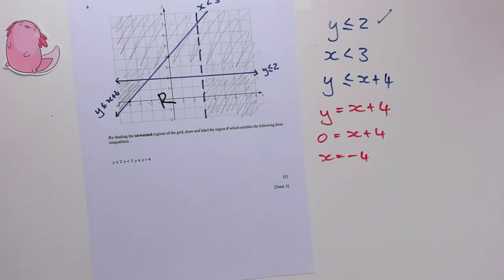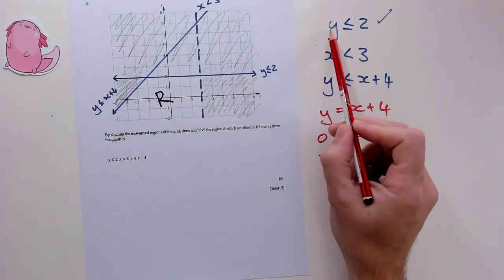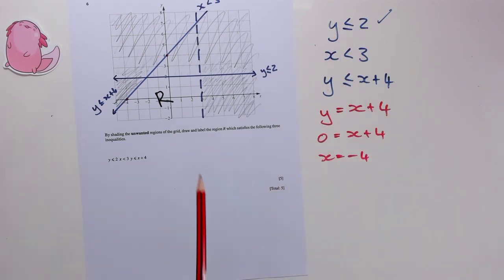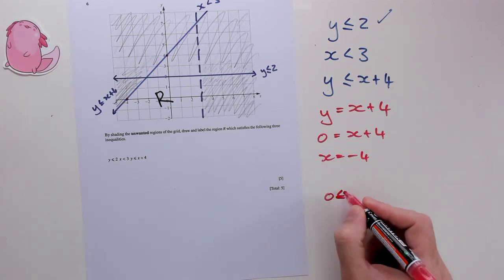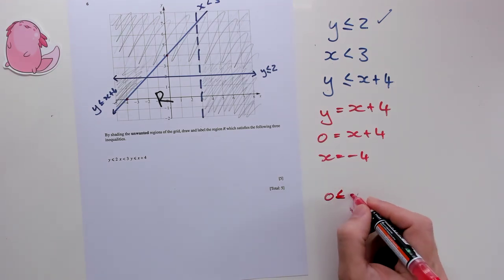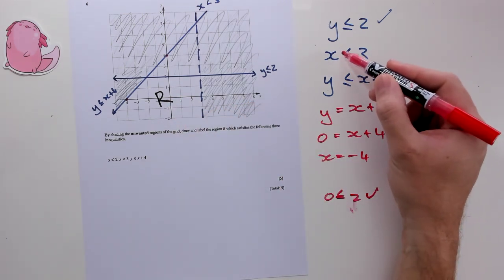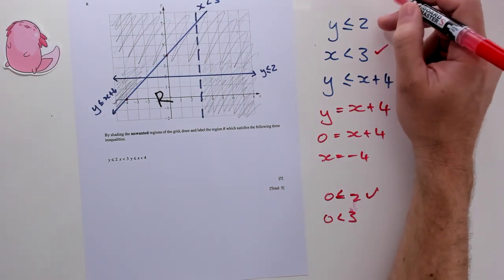I can just do a quick test if I wanted to. Let's take the origin, that's very simple. If I put 0 there, then 0 is smaller than 2. Check. 0 is indeed smaller or equal to 2, so that's definitely being satisfied. If I put in 0 there, then 0 is smaller than 3, so that one's also checked.